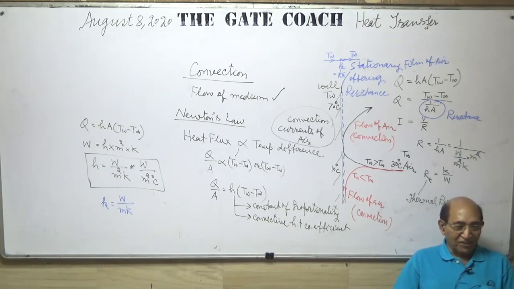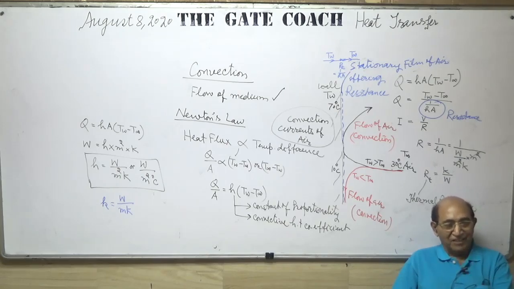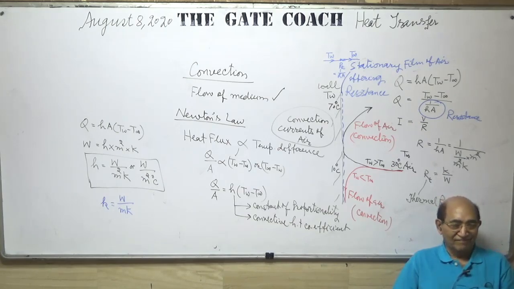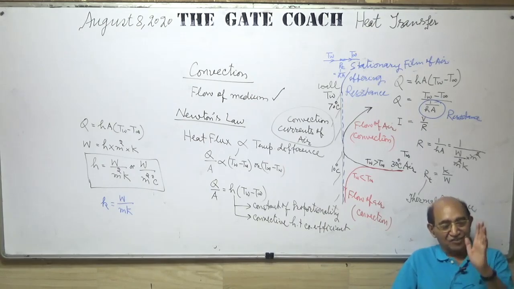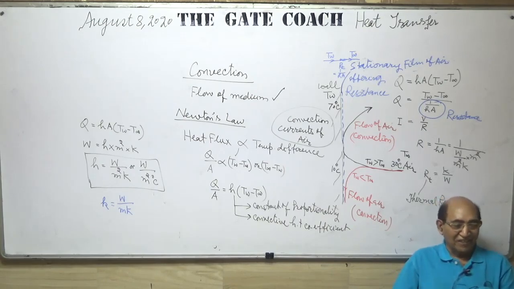The difference between conduction and convection is conduction, stationary medium, convection, flow of medium. If a gas is there, gas is stationary, heat transfer will be by conduction. If gas is moving, it is by convection.